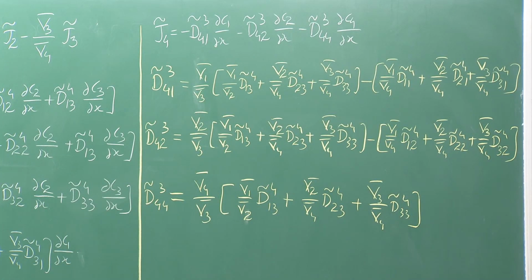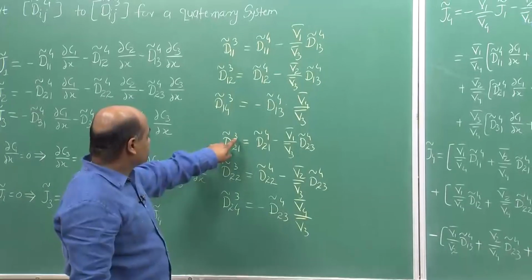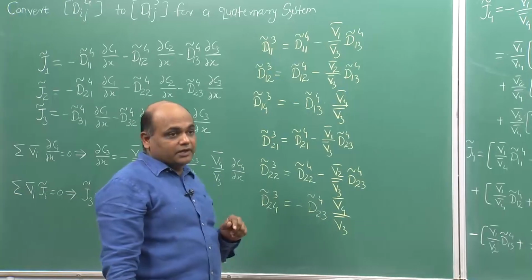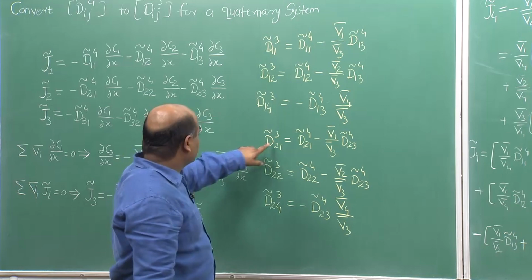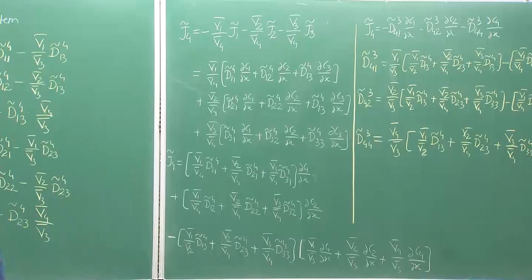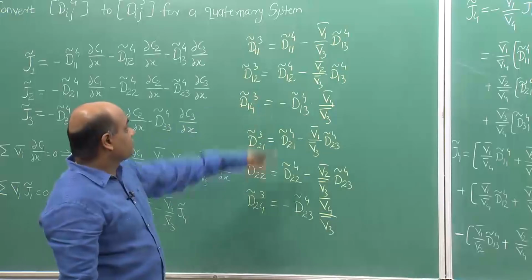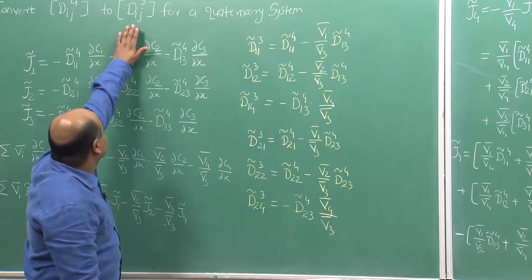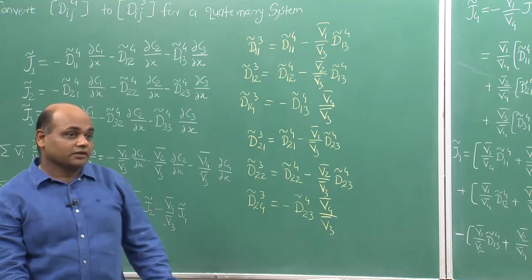So, this way now we have obtained 9 interdiffusion coefficients with respect to 3 as dependent component, that is Dij tilde 3, in terms of interdiffusion coefficients with respect to 4 as a dependent component. So, we have obtained Dij tilde 3 in terms of Dij tilde 4.